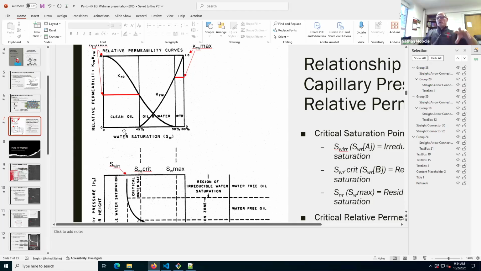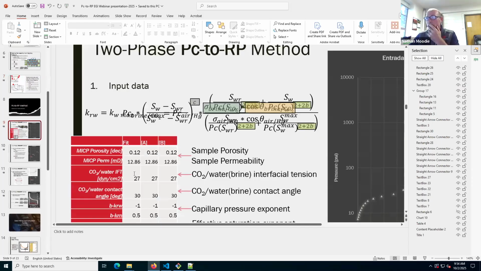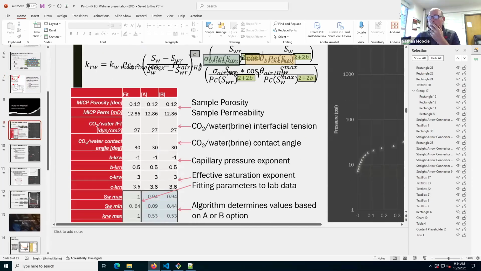But I do know what you're saying. I don't have this in the web app, but in the Excel version when I initially built this, I also had the ability to tune the wettability by changing these contact angles.